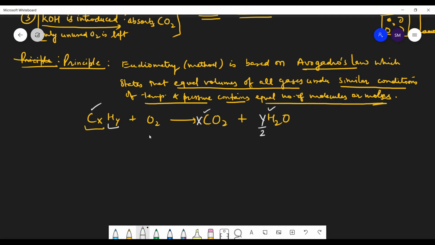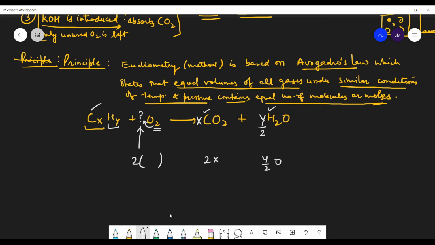Now what about oxygen? I need to balance oxygen. So what shall be here? See how many oxygen do I have here? 2x atoms. And how many here? y by 2. So what do I get here? 2x plus y by 2. There are 2 atoms already there, so you will be multiplying this figure by 2.